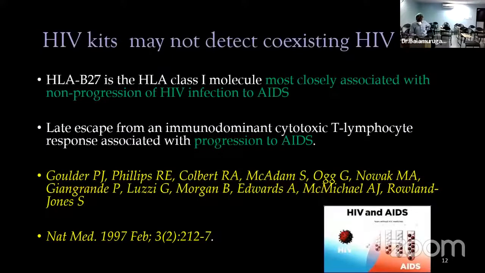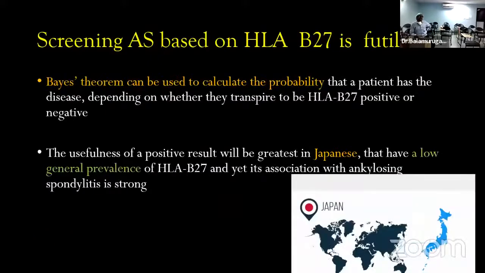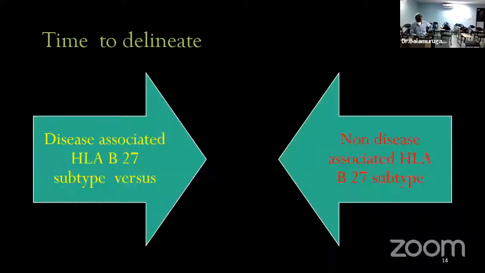In fact, the class 1 HLA molecule is closely associated with the non-progression of HIV to AIDS. So you may not be able to detect HIV in HLA B27 in the early stages. So be very careful in starting immunosuppressants. Screening based on HLA B27 is a futile exercise. Bayes' theorem is useful only in the Japanese population, where there is a low prevalence.